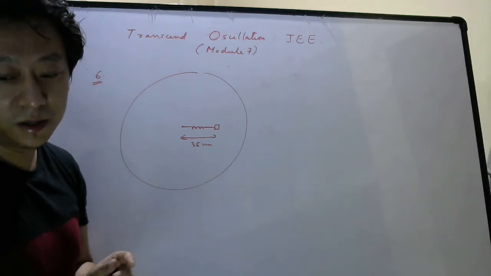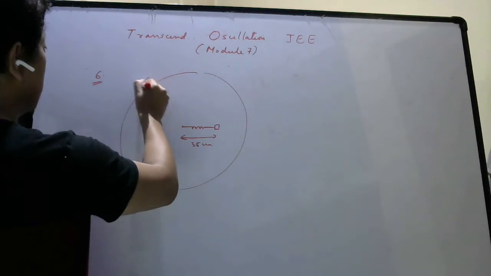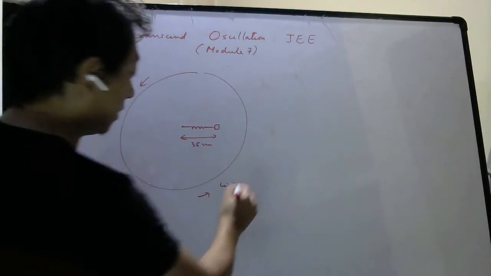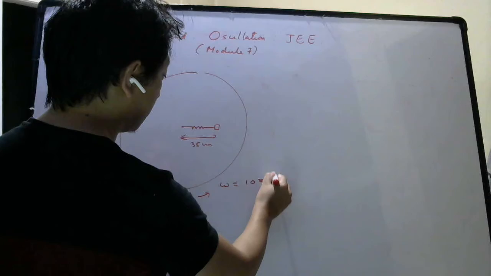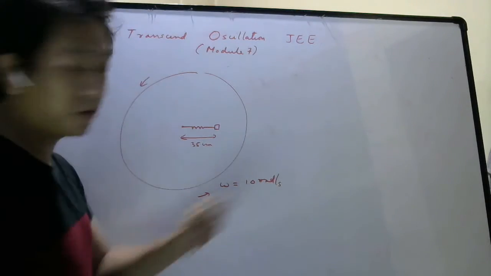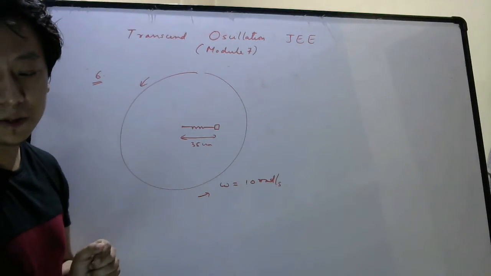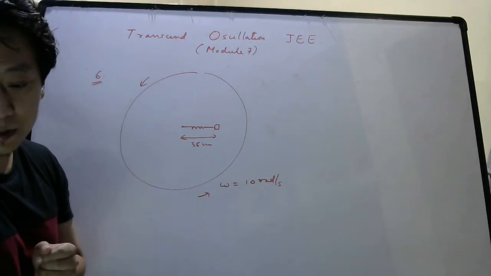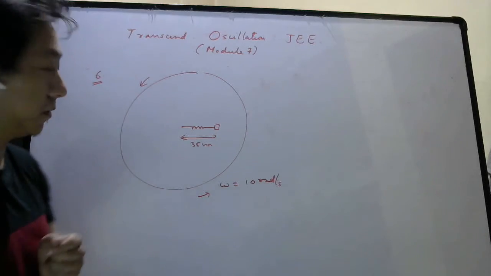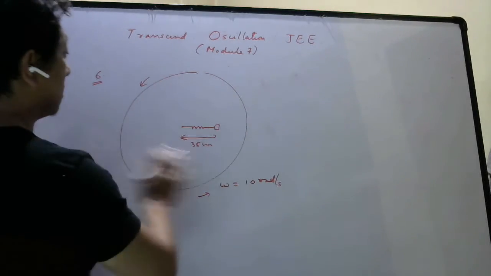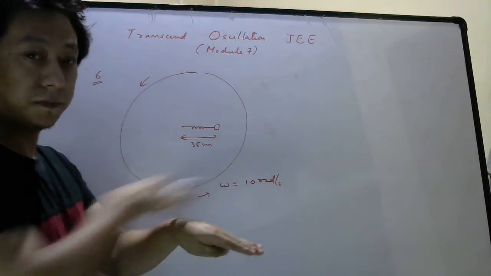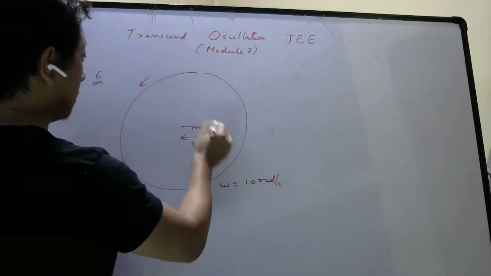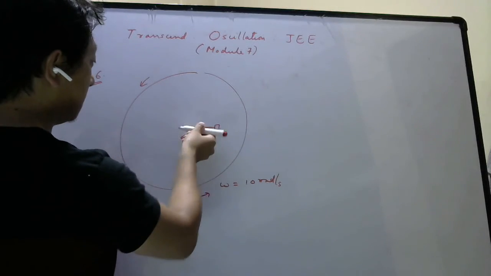When the turntable is rotated with some angular frequency omega, which is given to be 10 radian per second, in SI units they have given, the length of the spring becomes 40 centimeters. Then they are asking what is the force constant of the spring. So the moment this starts rotating, if this also has to rotate, then it needs a force towards the center.